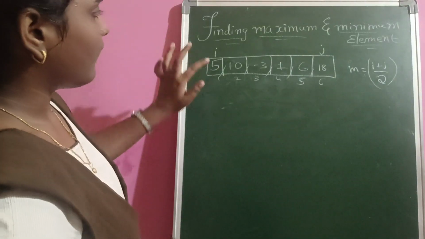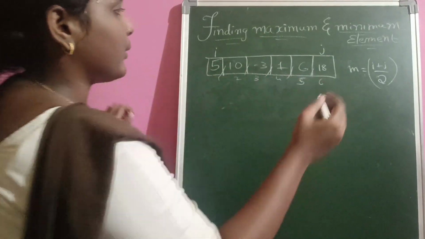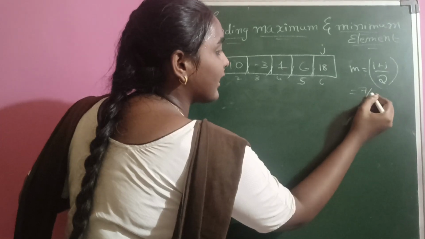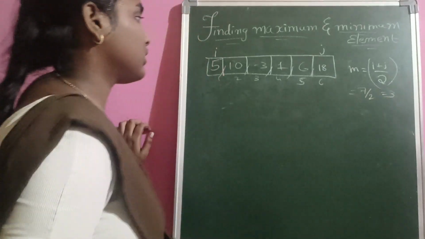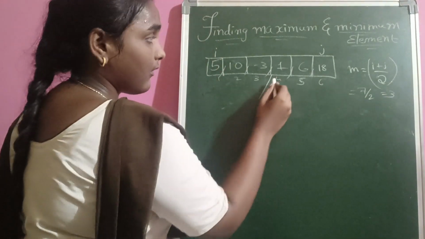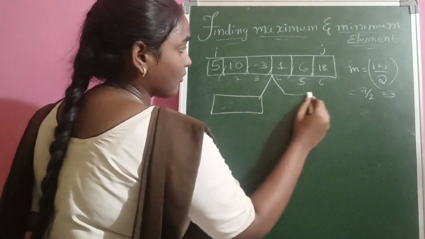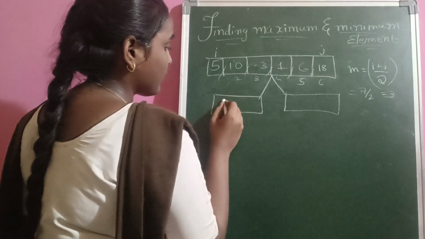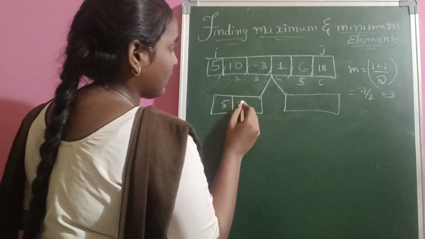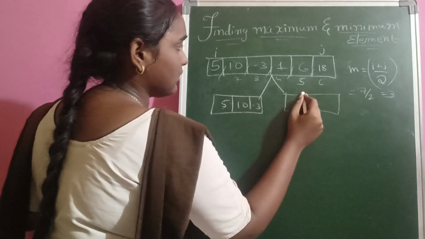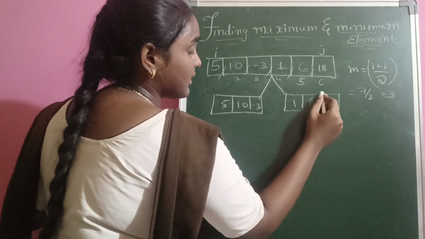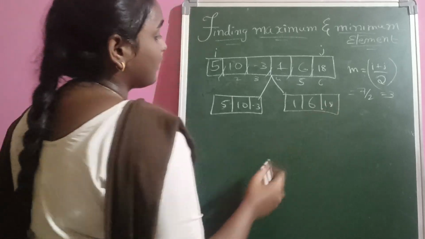So 1 plus 6 is 7, divided by 2 is 3. So we divide at 3, giving 5, 10, minus 3, 1, 6 and 18.